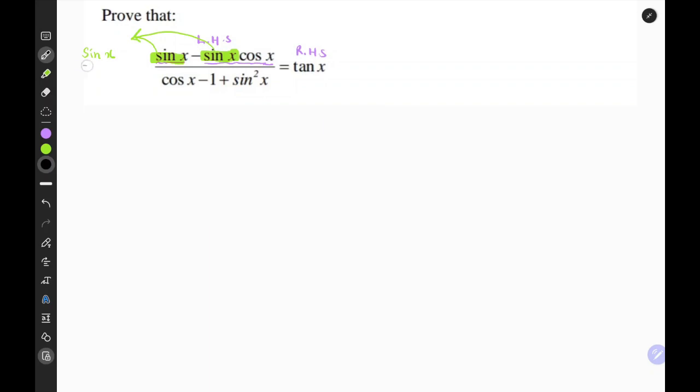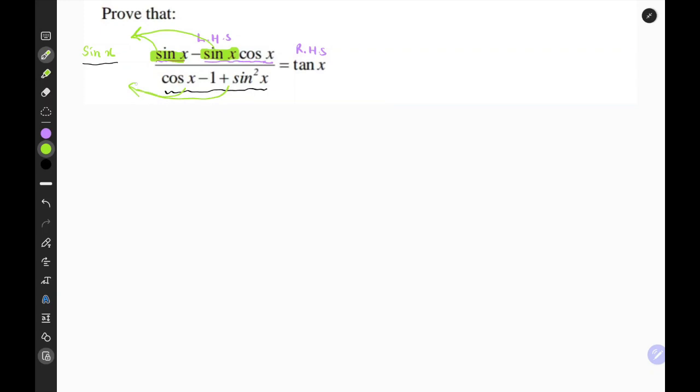Because we can factor out sin of x in the numerator, we should find a way to factor out cos of x in the denominator. If we can factor out cos of x in the denominator, we can actually reach tan of x on the right hand side, because we know sin of x over cos of x is tan of x.